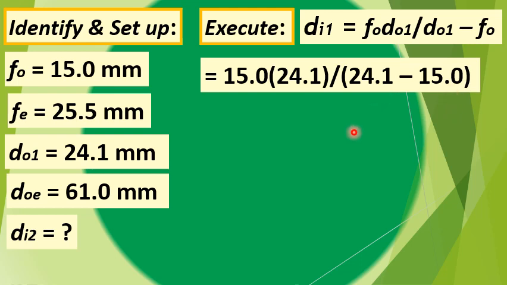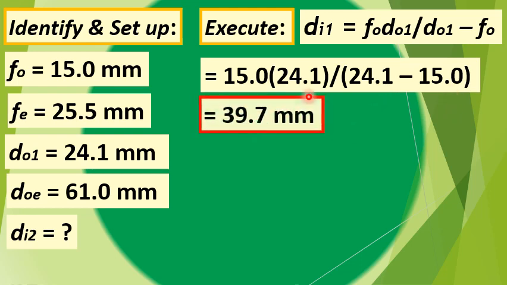So doing our math, we will get the value for d sub I1 equal to 39.7 millimeters in 3 significant figures.